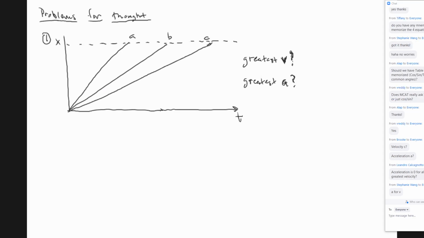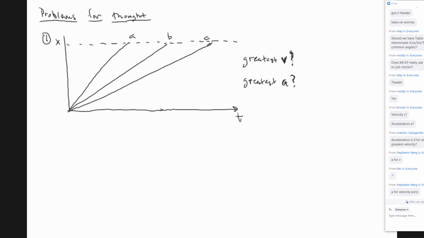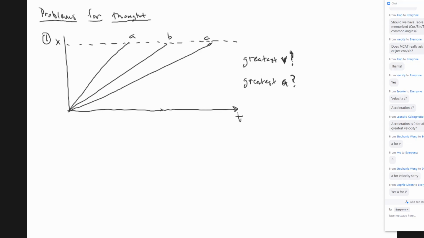Okay, Brooke says that velocity is C. Leandro says it's A. What about acceleration? Leandro says it's all 0.